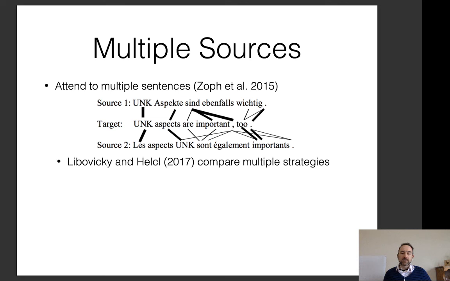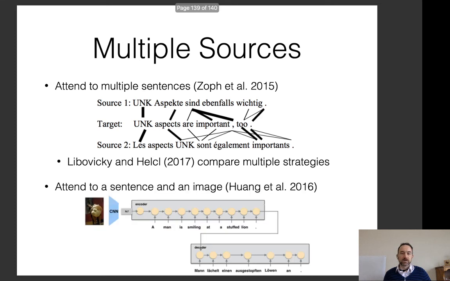And there's a comparison of multiple strategies here in this paper where they discuss hierarchical methods, flat methods, et cetera. And then finally, we can also attend to, for example, a sentence and an image to do multimodal translations. So we can attend to multiple things of different varieties as well.